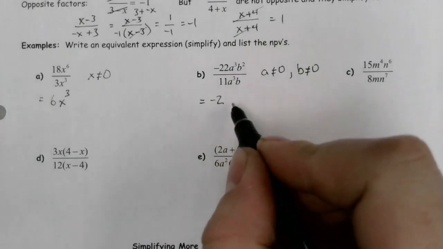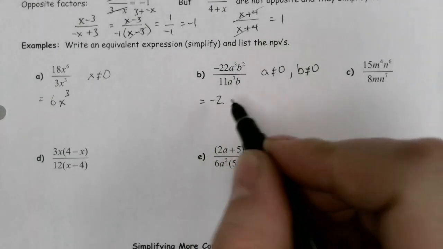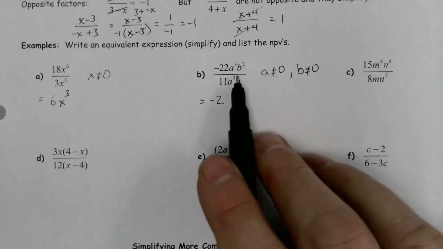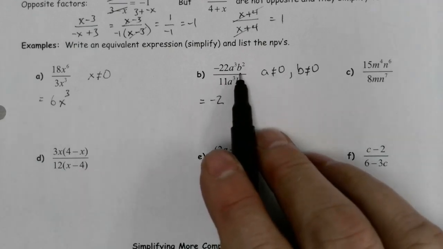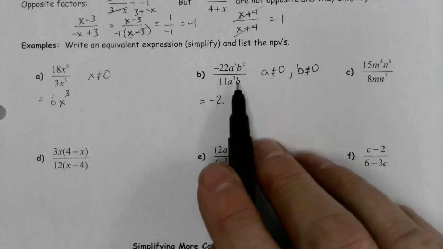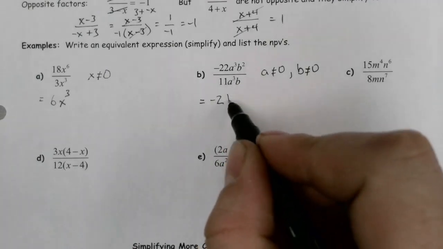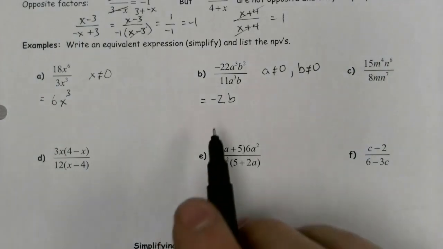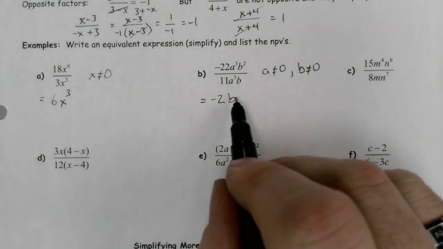Now, I could write a factor of 1 there in parentheses, but I don't need to because I know that's not going to change anything. Here in the numerator, I've got 2 factors of b and 1 factor of b in the denominator. So one pair there, numerator and denominator, is going to become a 1. And I'm going to be left with a factor of b in the numerator. Or just look at it like b squared over b, subtract the exponents. You're going to get b to the 1 there.